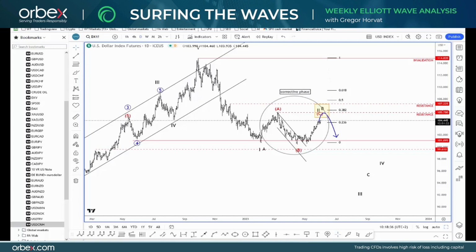I will look at the dollar index, euro, Aussie, Chinese yuan, dollar yen and German DAX. Now US dollar is currently trading to the upside. As expected, we are tracking wave C, and wave C actually belongs to this higher degree corrective price action.